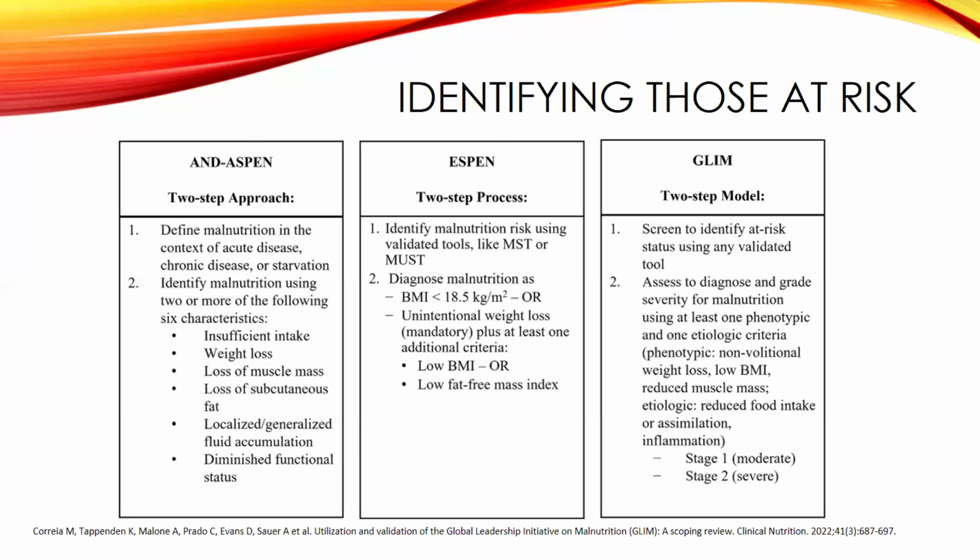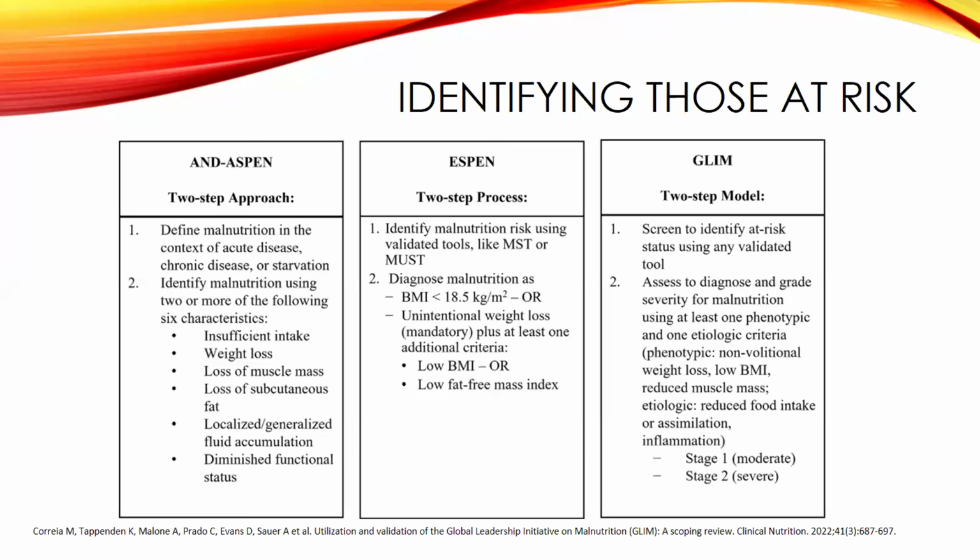When it comes to the etiological criteria, it is evaluating aspects to do with reduced food intake or assimilation. So there they are talking about if the patient is not able to meet 50% of his energy requirements for more than a week, then that becomes a criterion for you to say this patient is at risk of malnutrition or is going to be malnourished, or is having GI symptoms or chronic GI conditions that are adversely impacting food intake or absorption or assimilation of those nutrients.